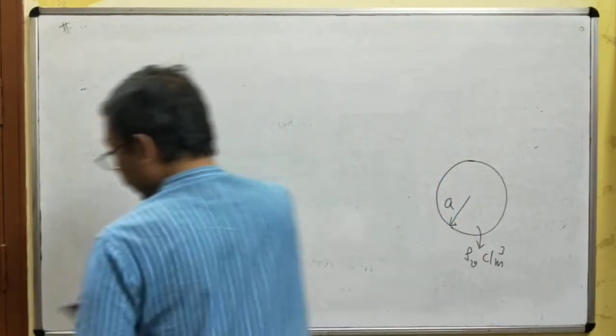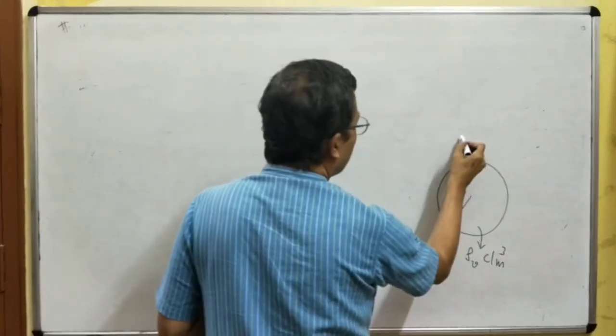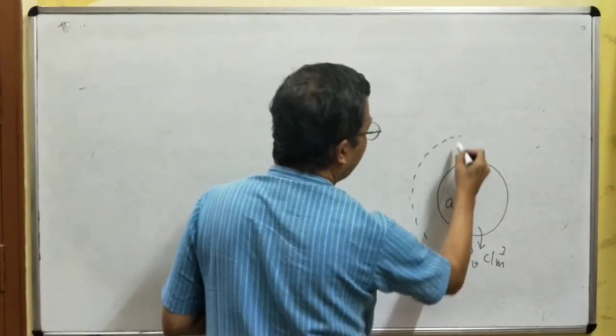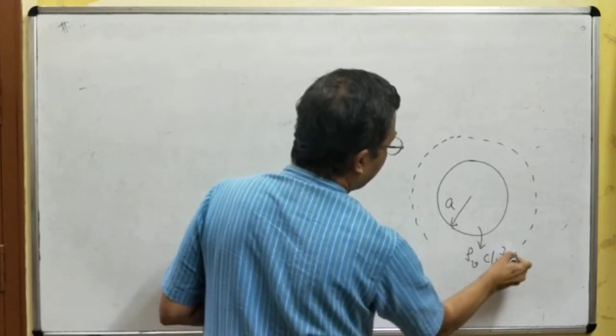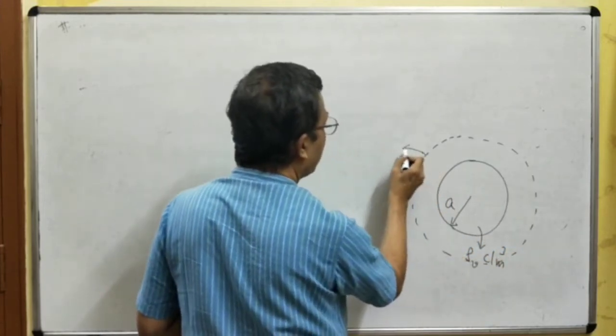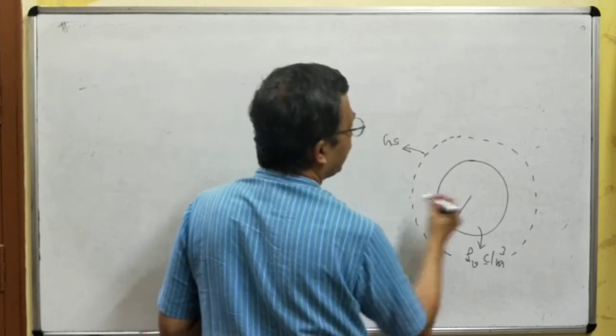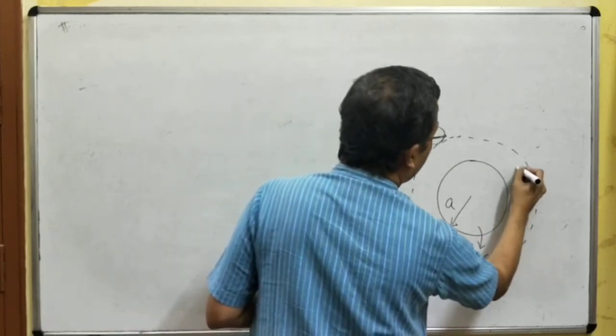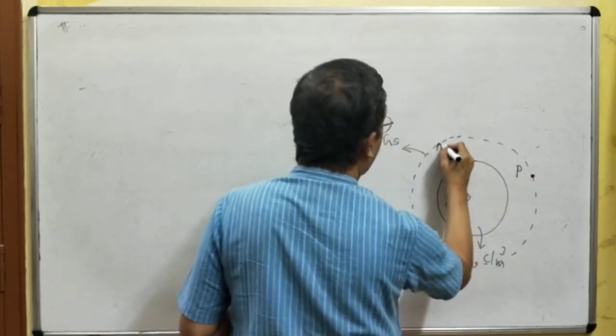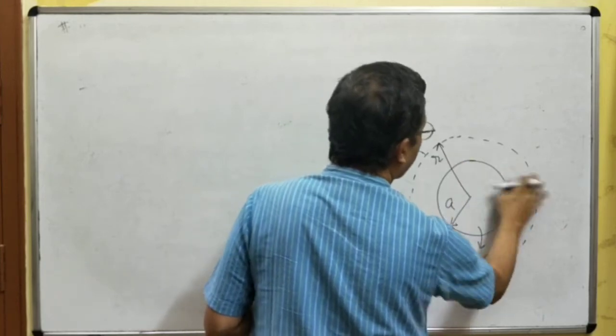Now this is the sphere. The dotted sphere represents the Gaussian surface. GS is the abbreviation for Gaussian surface. P is the point of interest. r is the radius of the Gaussian surface.